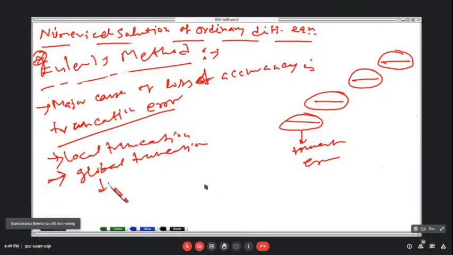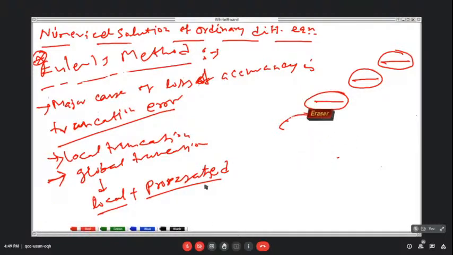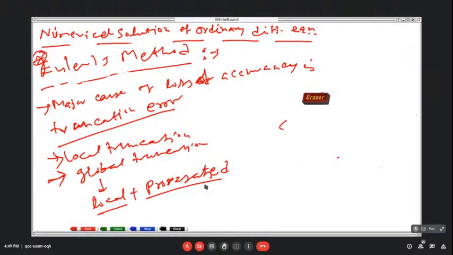So this is actually the sum of local plus propagated. Local means due to truncation, and propagated is because of previous values you have calculated wrong, so that is also now propagated to the next step. So now first we will estimate this local truncation error, and then we will see what is the total error, or the global error, or final error in this calculation.